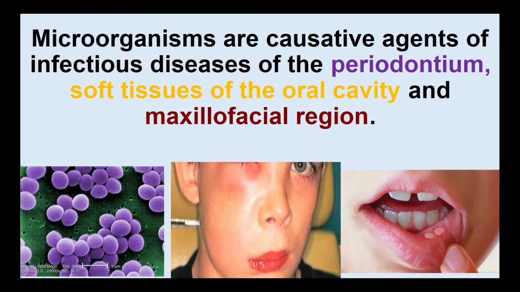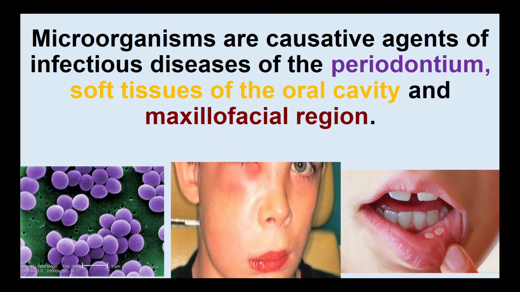Then we discussed, very briefly, the main bacteria of the normal flora of the oral cavity, especially the bacteria which form dental plaque, and we talked about the roles of bacteria in caries.